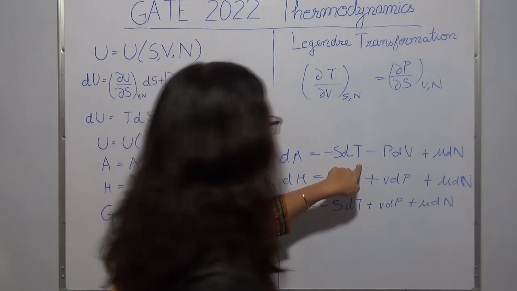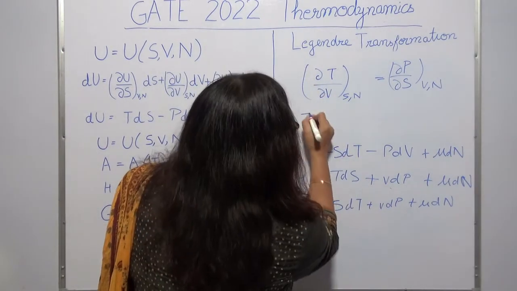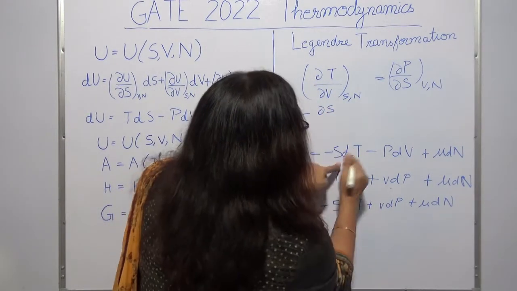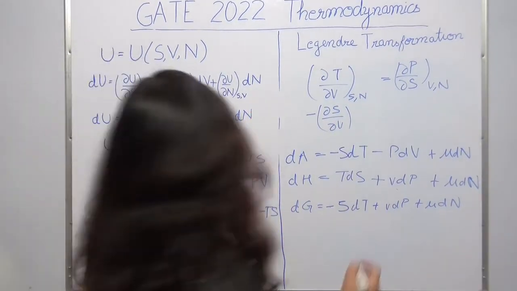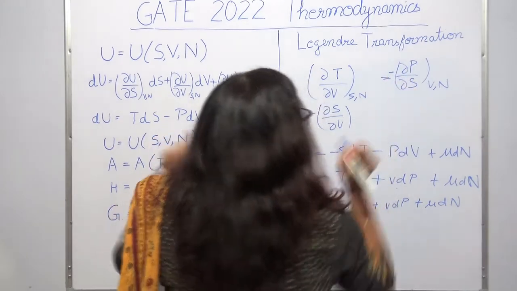Similarly, from these I can write the Maxwell relation. Let's say minus sign, S will become del S by del V. Okay, so yeah, of course there will be a negative sign over here.